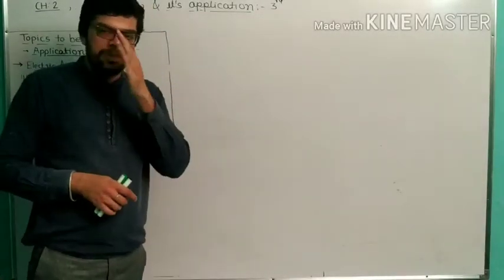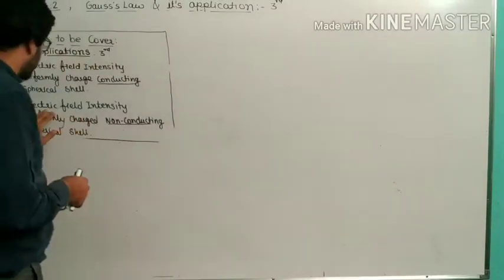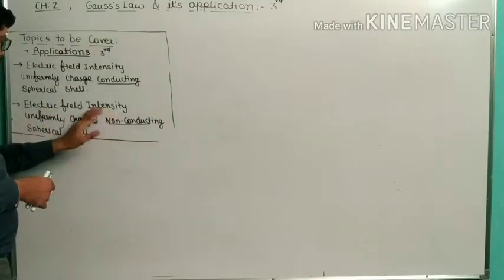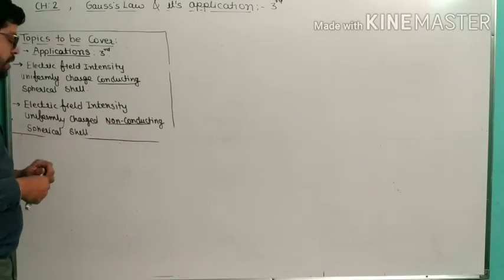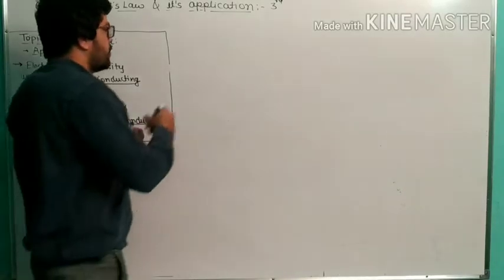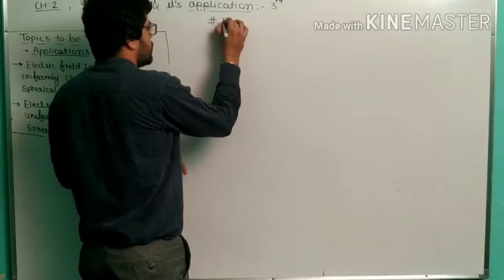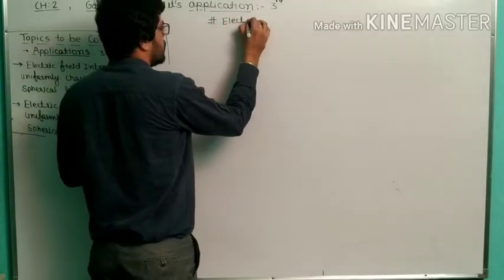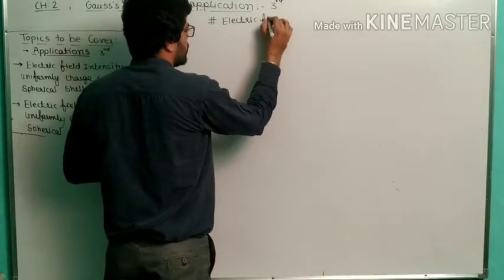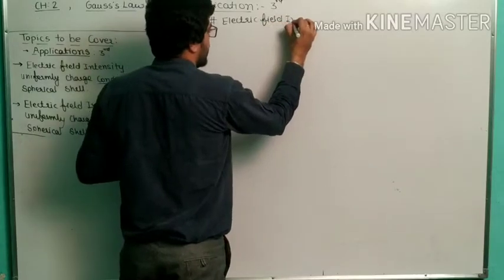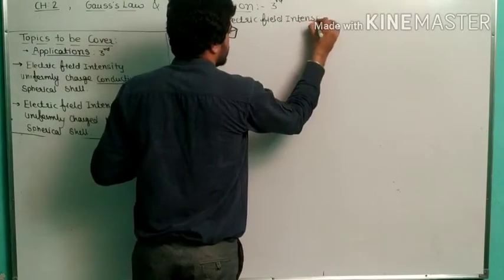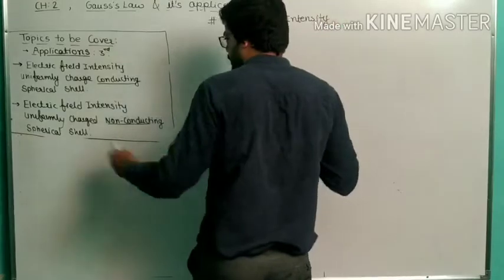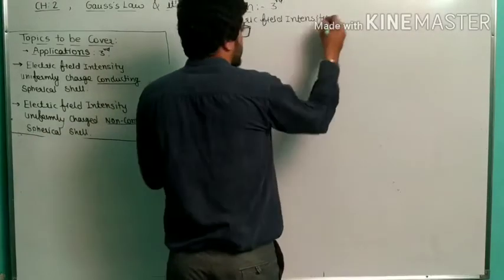So now we are talking about the second topic. The second topic is we have to find out electric field intensity of a uniformly charged, non-conducting spherical shell.